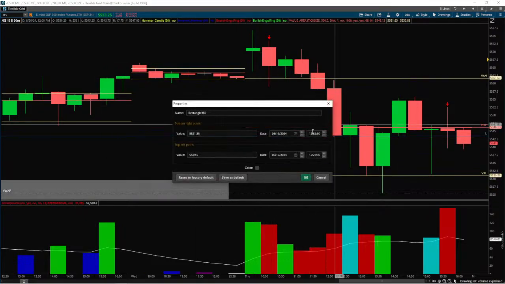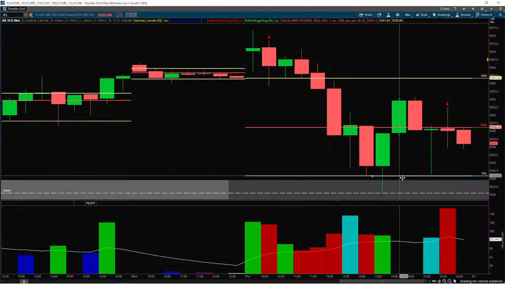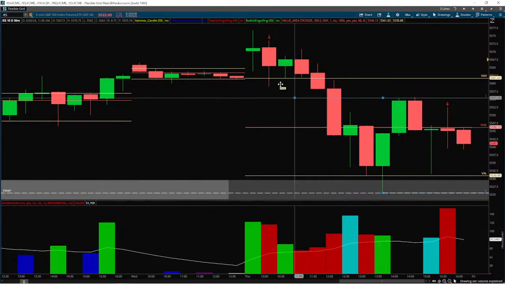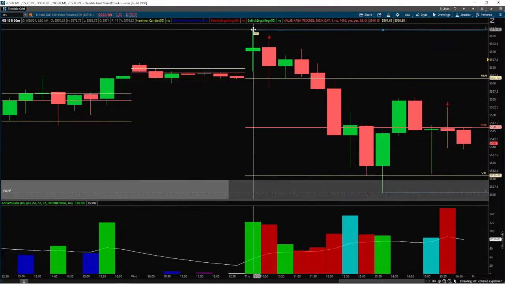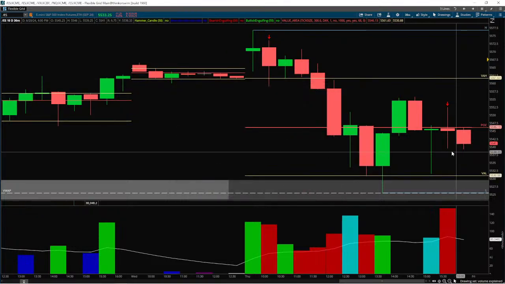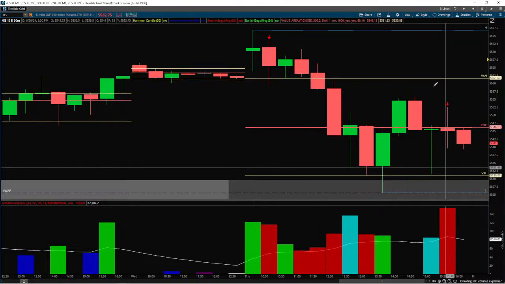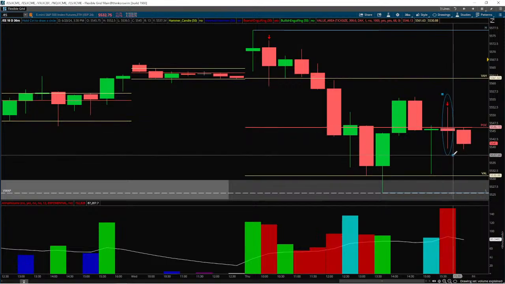I'll move this over to see what it looks like. We also have a low of day right here, high of day, and that's pretty much it so far. And then I'm just gonna look for any volume spikes around this area, which is concerning here.